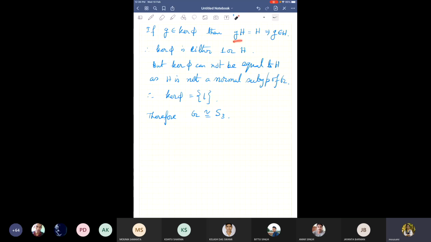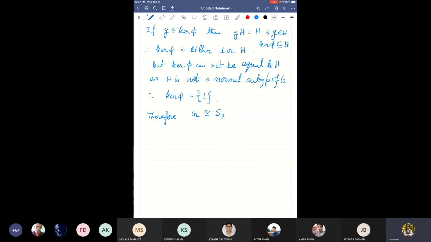So in that case, gH should be equal to H. That gives me that g should be in H. So if some element is in the kernel, then that element should also be in H. That means the kernel of phi is a subgroup of H.